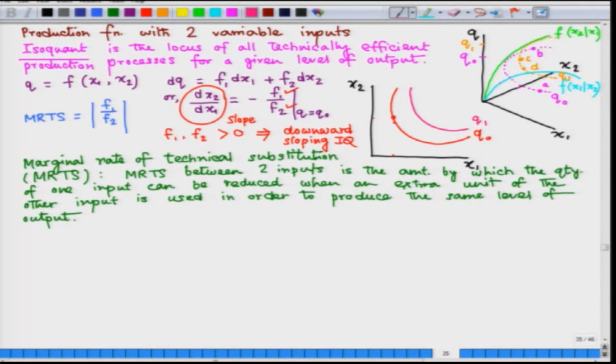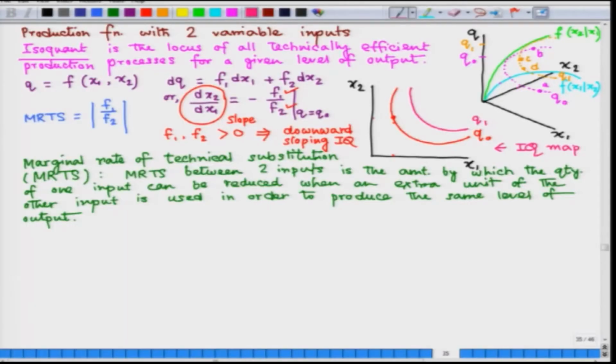Okay, we need at least 2 isoquants to tell the story, and when we have a series of isoquants, the higher isoquants display higher levels of output, and that is known as an isoquant map. So, here we have what is known as an isoquant map. We would like to end our discussion on the isoquant saying that 2 isoquants cannot cross each other in the isoquant map, and I leave it to you to find out why.